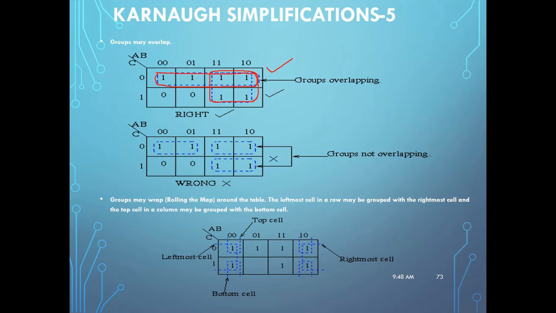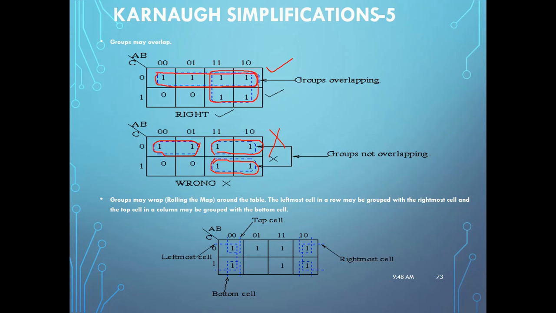Some other people may not find a quad, so what they may do is try to encircle in this manner. This is totally wrong. This kind of simplification is wrong.